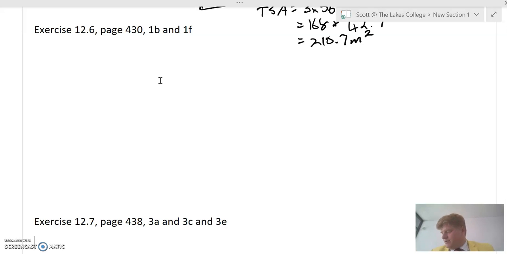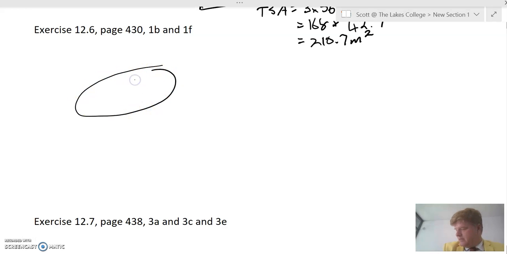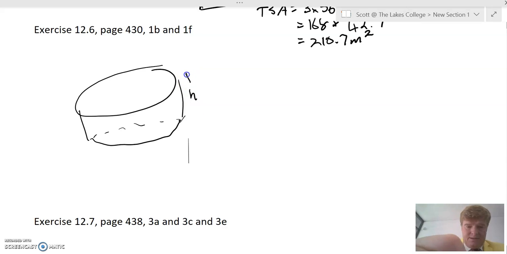And unfortunately, it requires a little bit of drawing skill. They've drawn it on the side, but let me just do it here. And they've given us, in this case, just the letters: the height equals h, and there's a radius that they call r, and then they've given us those values.